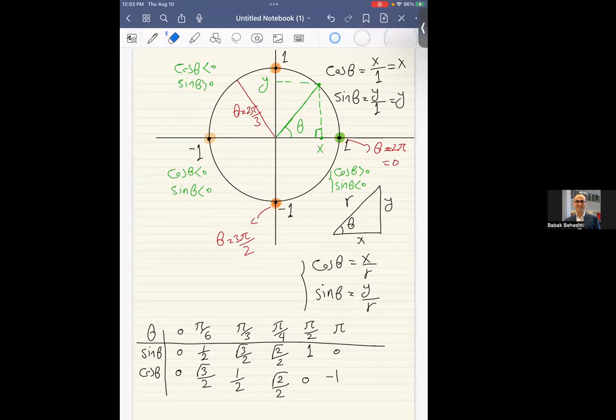Now, based on what I just said, look at 2 pi over 3. 2 pi over 3 is pi minus pi over 3. So the x coordinate for 2 pi over 3 is negative the x coordinate of pi over 3, because let me just show you pi over 3 and compare it to 2 pi over 3.